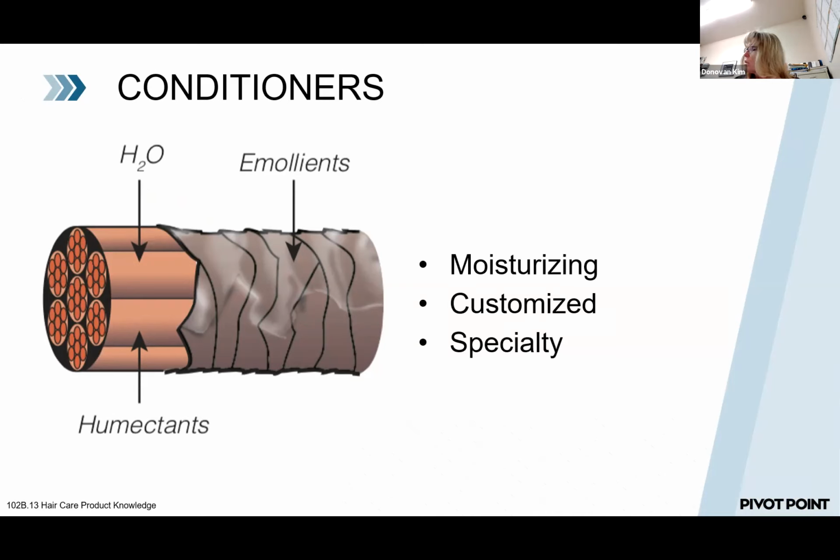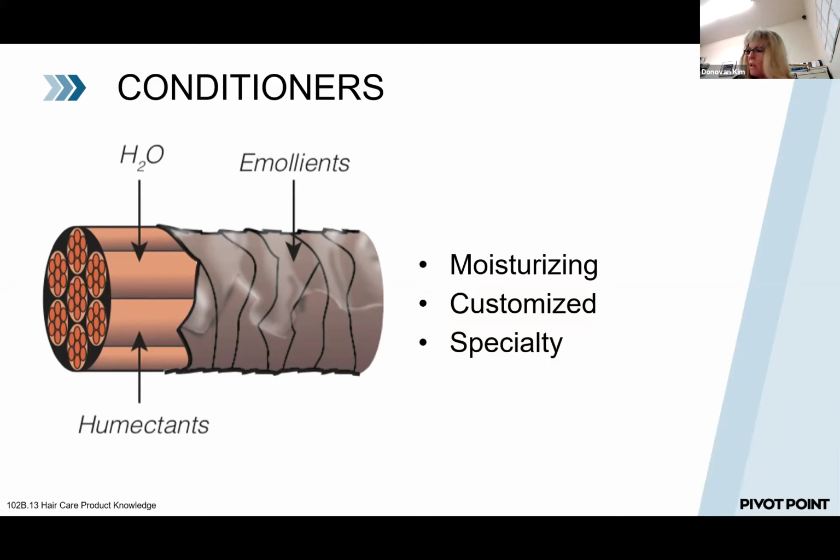Normalizing conditioners have a pH which causes the cuticle to close after chemical services. There's body-building ones that are going to actually swell the hair, add more moisture and swell it up a little bit. The moisturizing conditioners are going to do the same thing. They're going to add moisture.